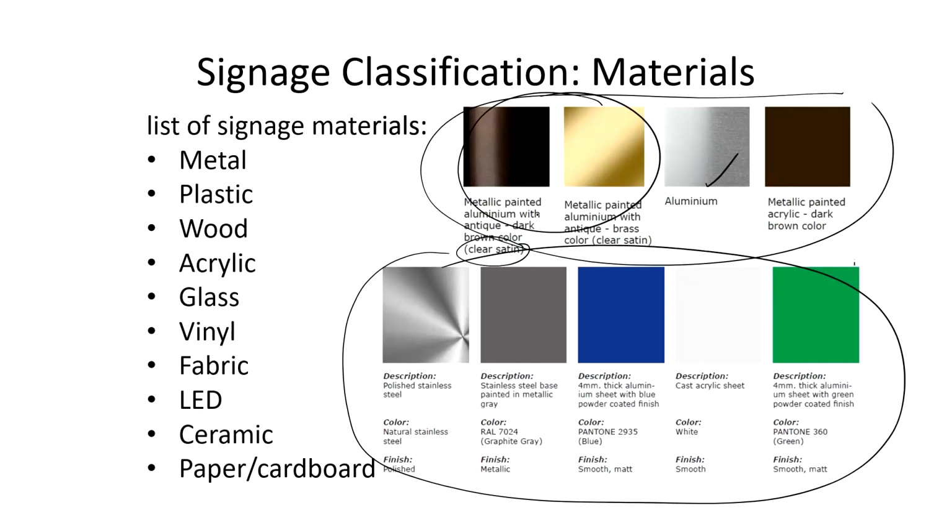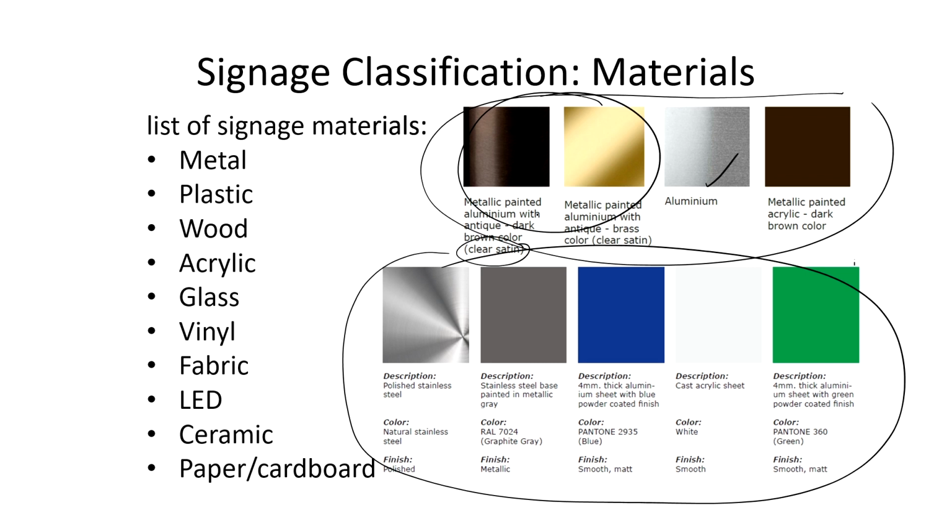Since that was a project where we had to give an antique finish, we have used most of these signages in a satin finish with metallic brown and gold brass colors.